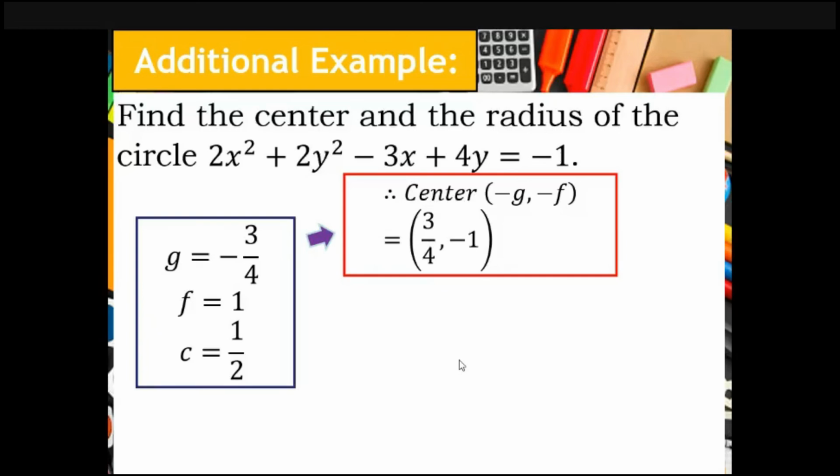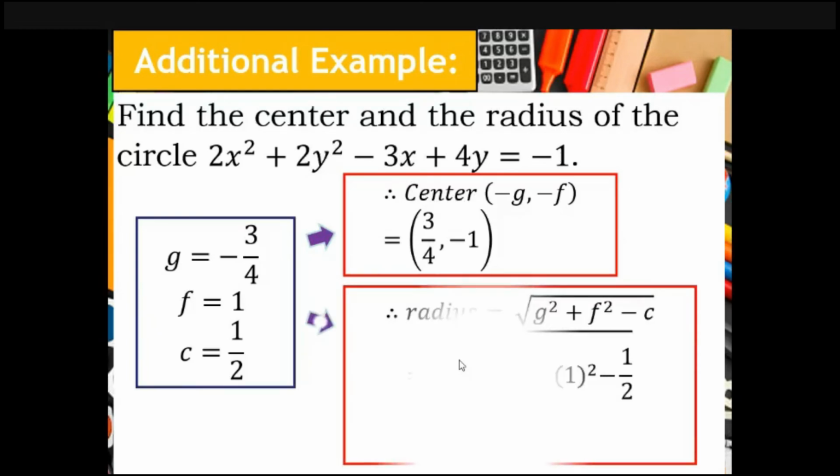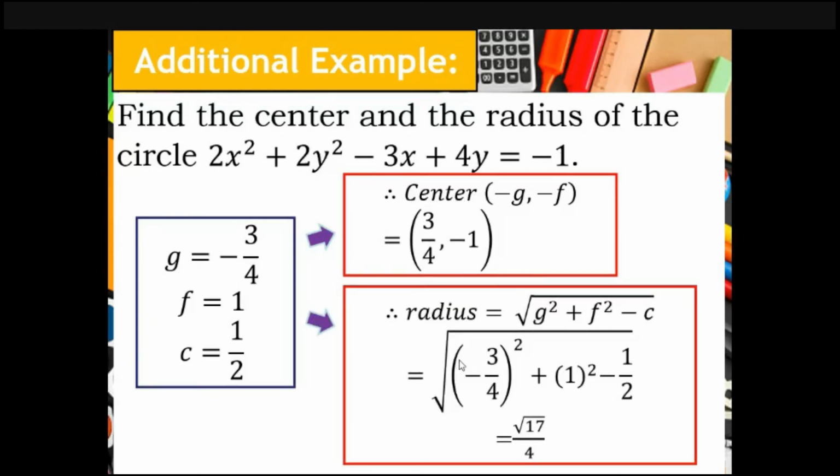For the radius, it's given by the square root of g squared plus f squared minus c, wherein the values of g, f, and c are already provided. So upon substitution, the value of the radius in this given problem is the square root of 17 over 4.